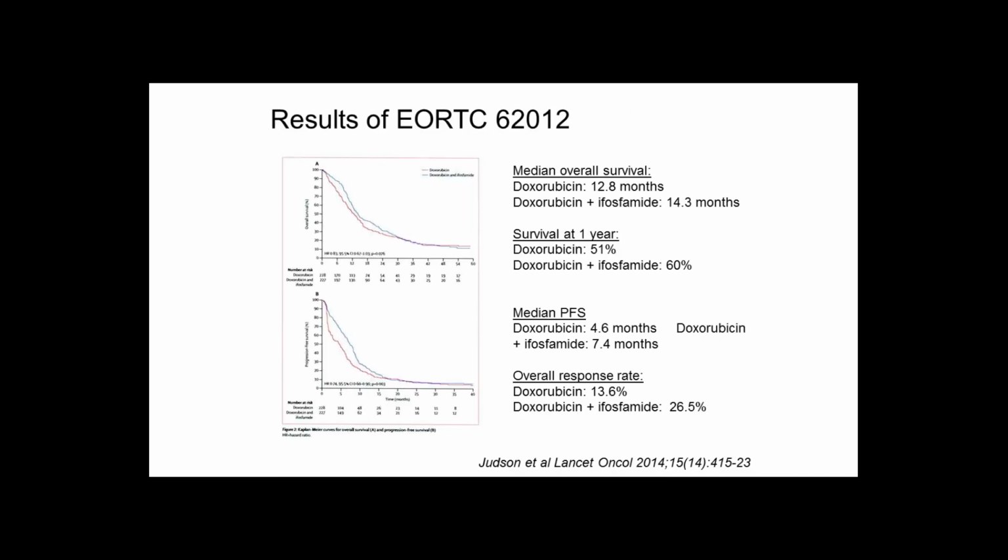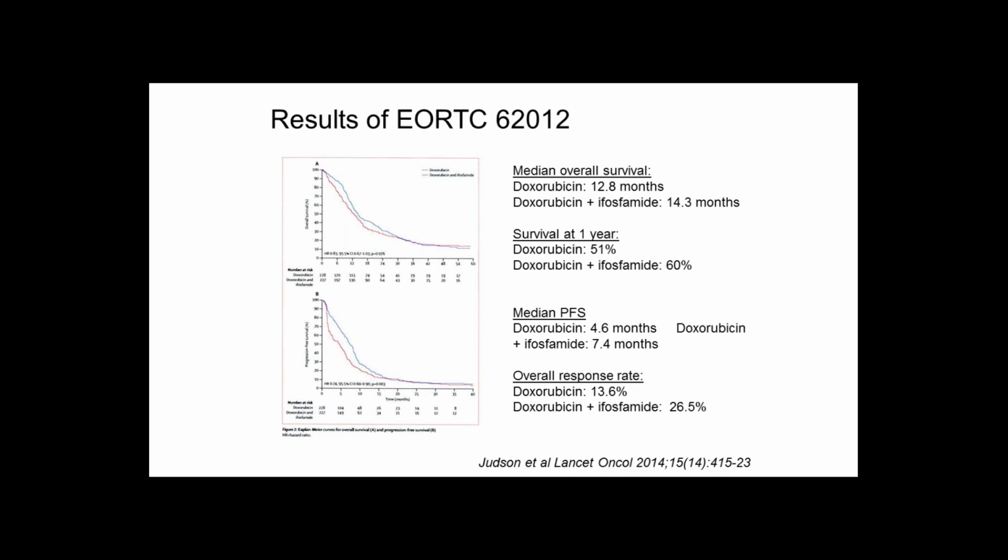And just to go over the EORTC trial, as I mentioned, there was no significant difference in overall survival. So median overall survival, 12.8 months for doxorubicin versus 14.3 months for the combination. And similarly, for survival at 1 year for doxorubicin, 51%, and for doxorubicin and ifosfamide, 60%.